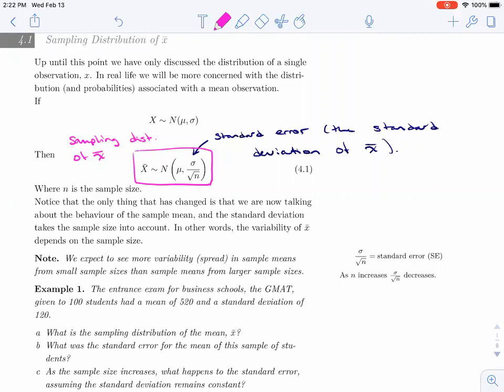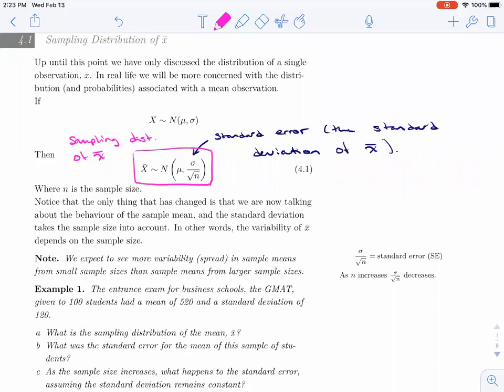Sigma over root n is the standard error, and we'll abbreviate it SE if we have to. And as n increases, sigma over root n decreases. So all it's saying is that the variability of x bar, the variability of a sample mean, is going to be a lot less than for a single observation.